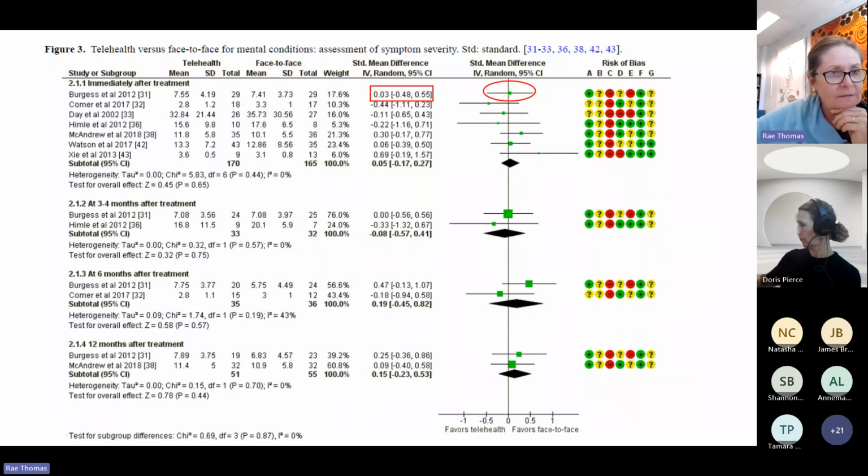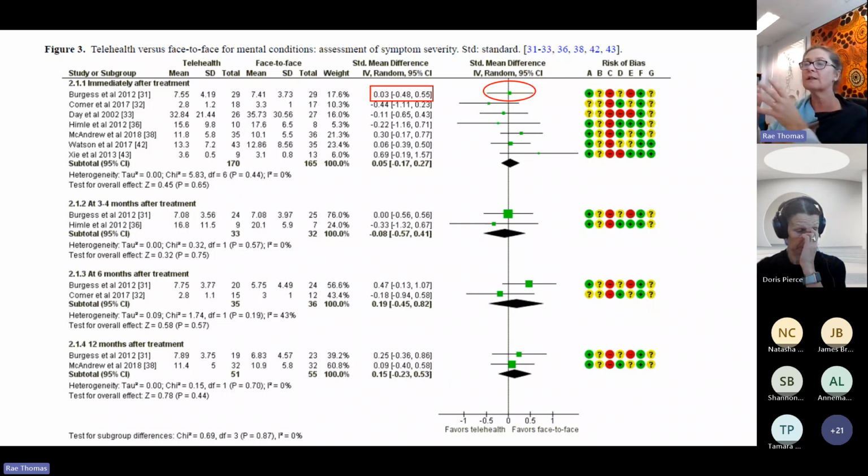That green dot is called a point estimate, right? We think that's the number. And if you look over here, that number is 0.03, right? So if you look over, graphically, it shows you it's there, right?